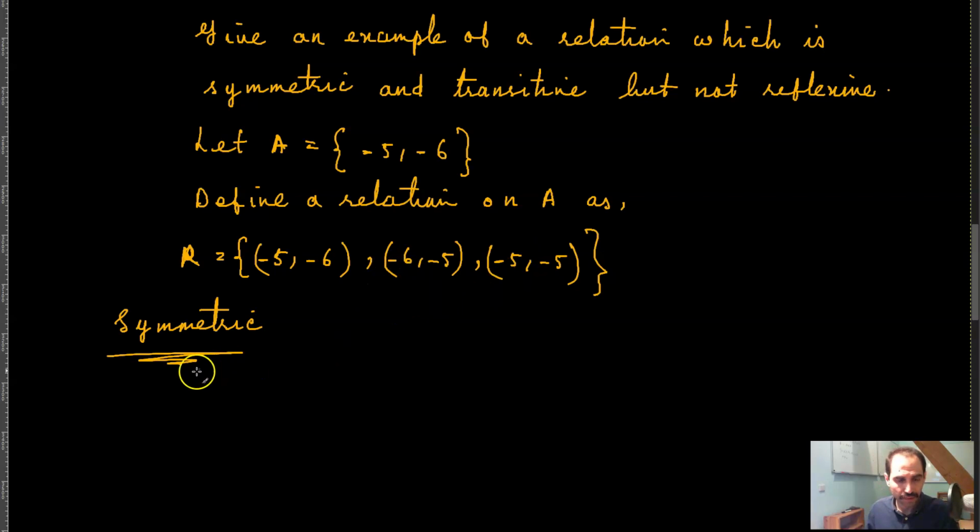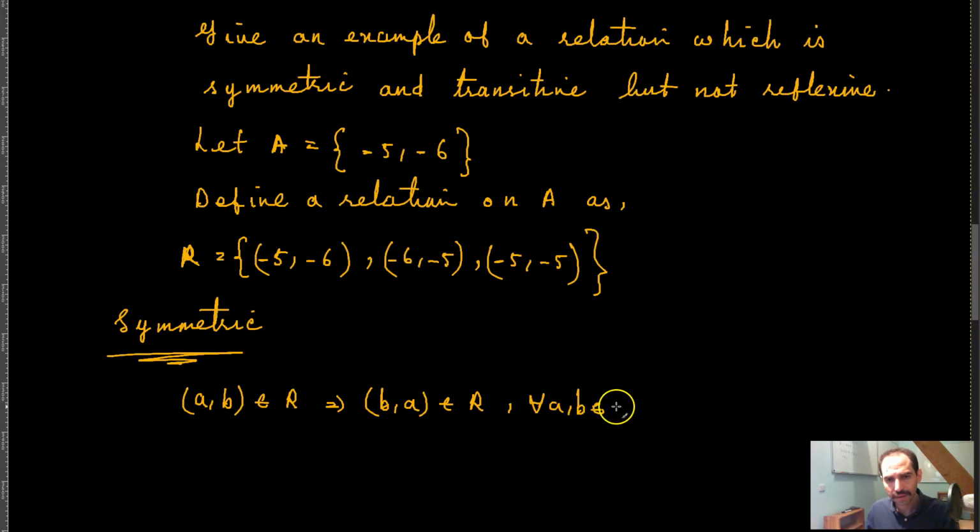So you have no problem there. So you can say that (a, b) belonging to R implies that (b, a) belongs to R for every a and b belonging to the set A, which means that R is symmetric.